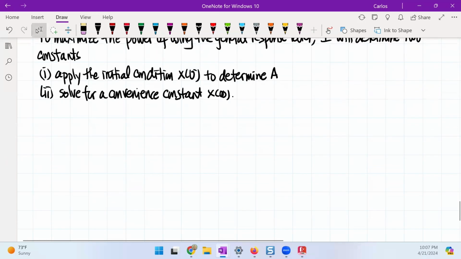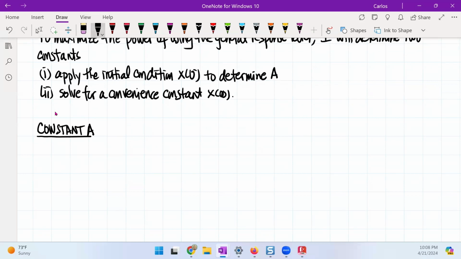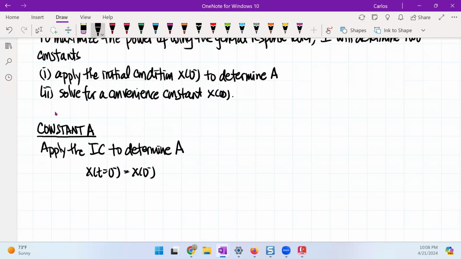So let's do that. So let's start with the constant A. So if I'm looking at the constant A, I'm then going to apply the initial condition to determine A. So I'm looking at x of t equal to 0 minus, which is x at 0 minus, that has to be k tau plus A times e to the 0.